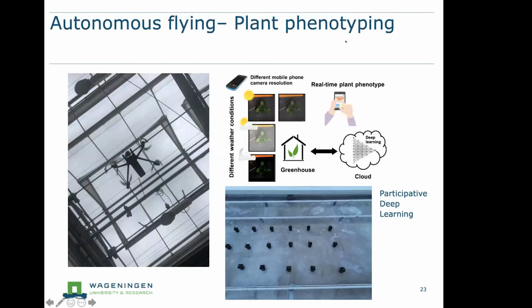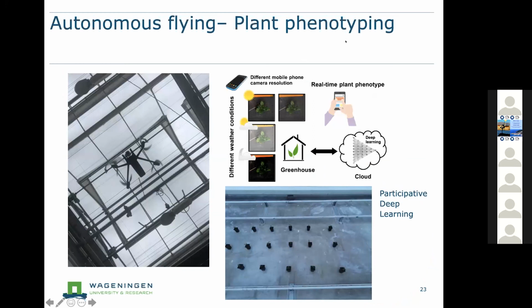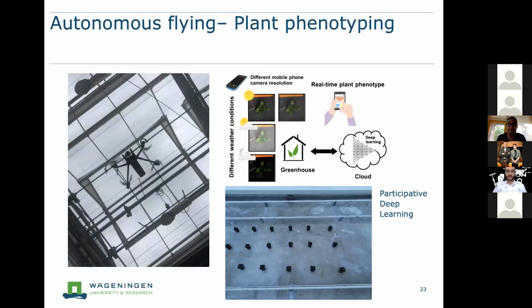Another and final application in autonomous flying is flying indoors. For plant phenotyping, we are using 2 types of drones at this moment, also with the Robot Operating System. The drones fly over the plants in the greenhouses to obtain volumes, areas, and other phenotypes from these plants.